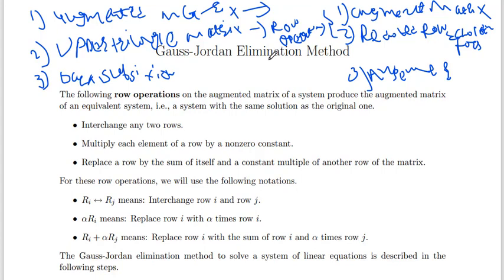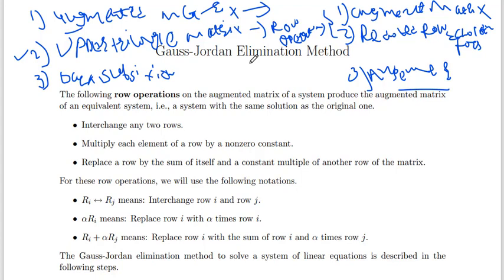So this is the basic difference between Gaussian elimination and Gauss-Jordan elimination. The first step is the same: transform the linear equations into an augmented matrix. In Gaussian elimination we do row operations and transform the matrix into an upper triangular matrix.